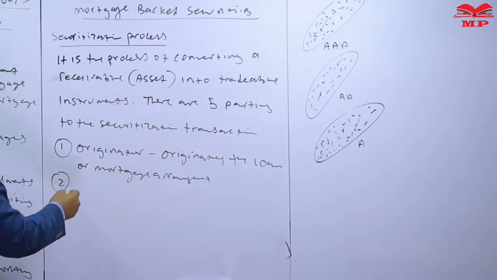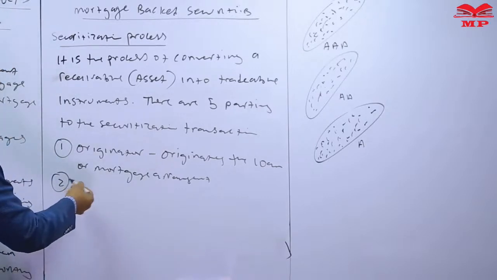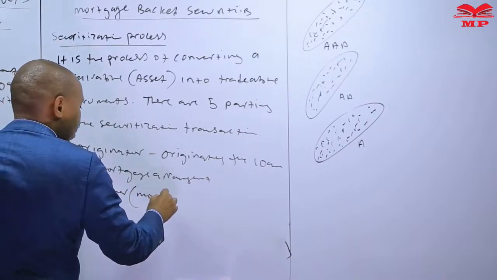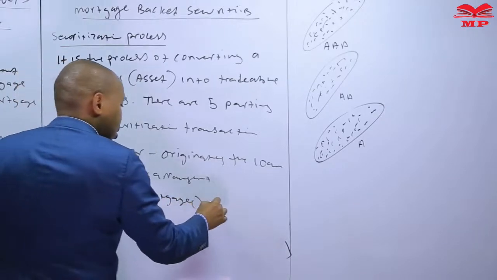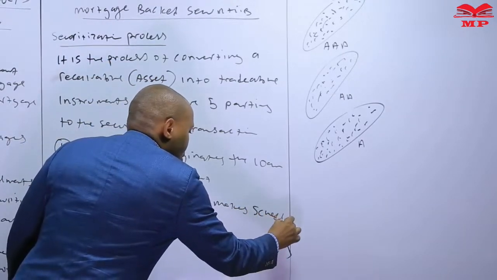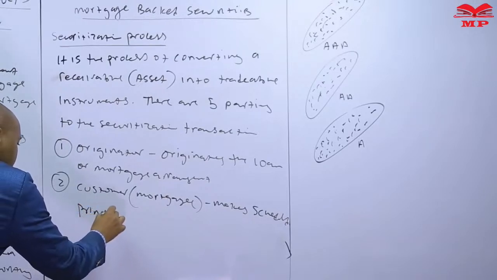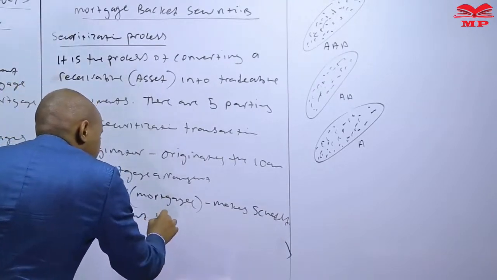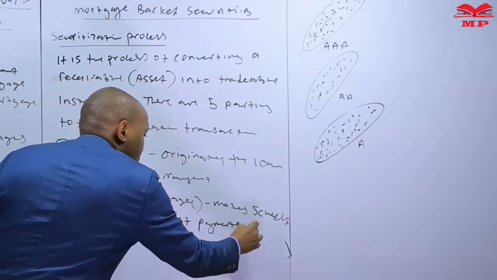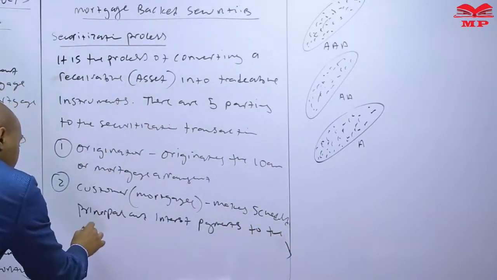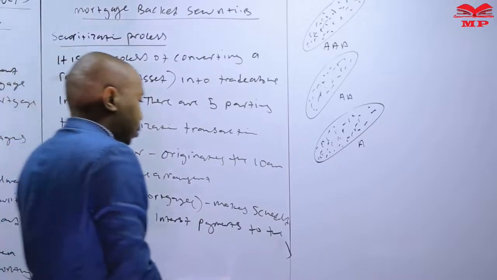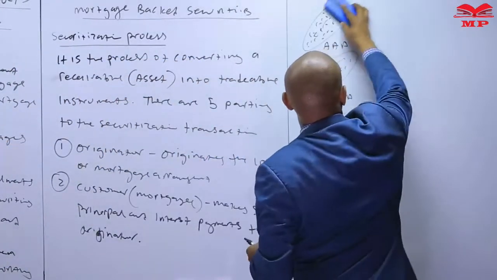Number 2, we have the customer, the mortgagee, who makes scheduled principal and interest payments to the originator.